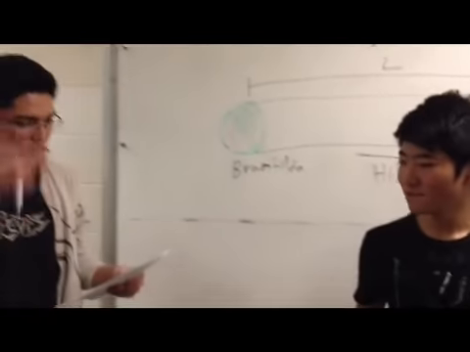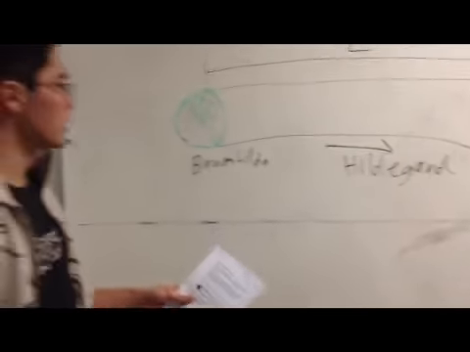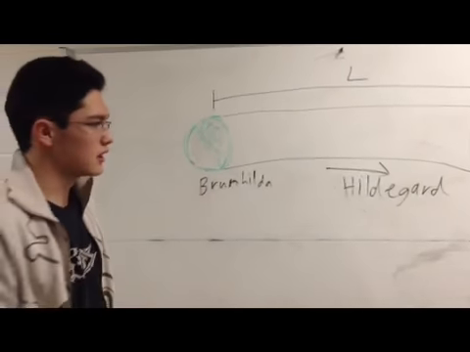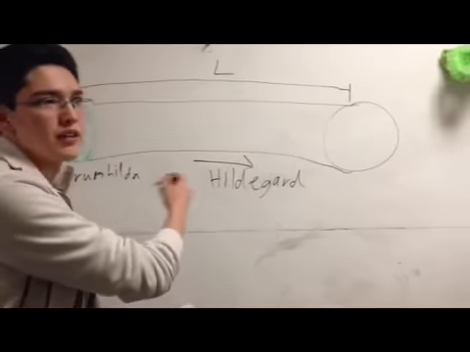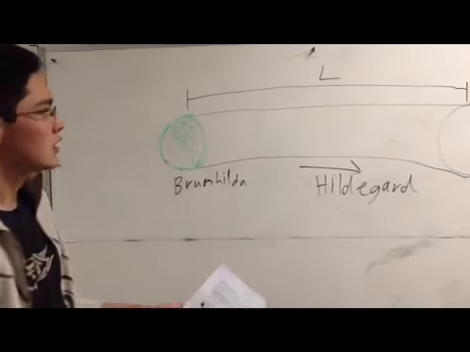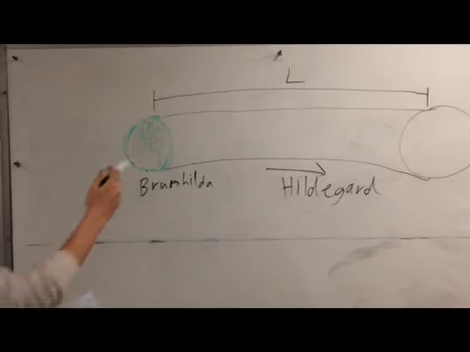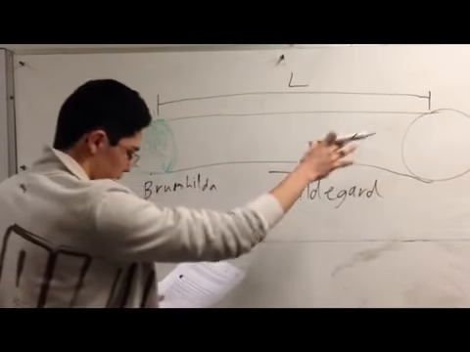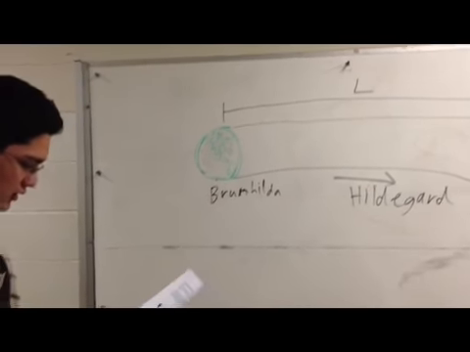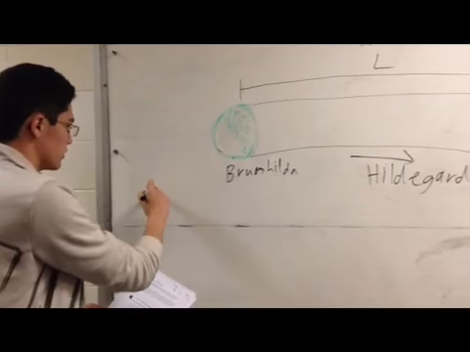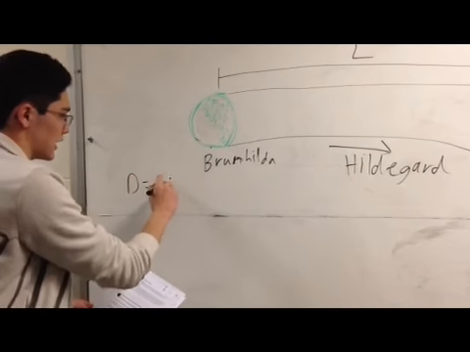Alright, so here we have a problem where Brunhilde stands as they explained, and then Hildegard moves with a very fast speed and then comes back to Earth. So we have a distance of L given, and that's the distance between Earth and another planet that Hildegard goes. We know that distance equals speed times time.